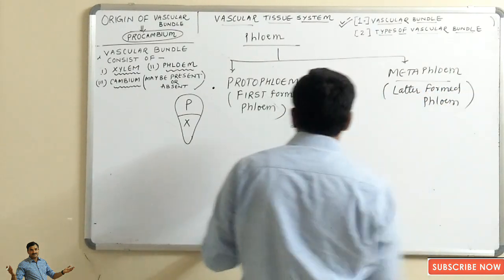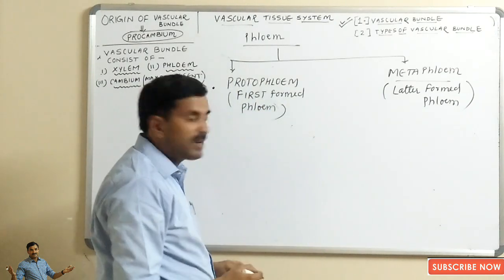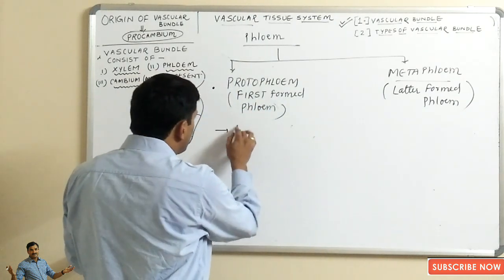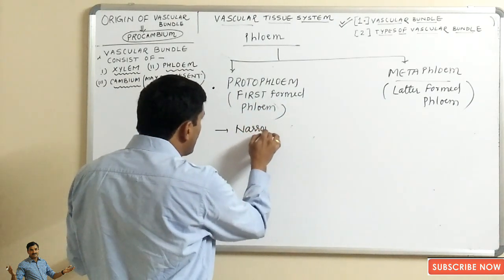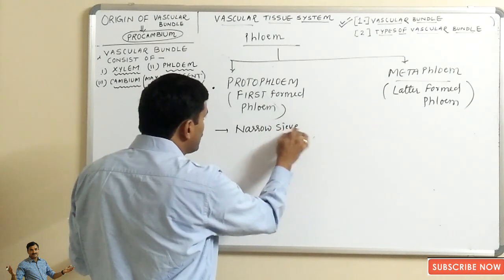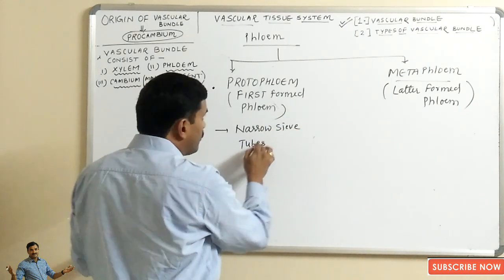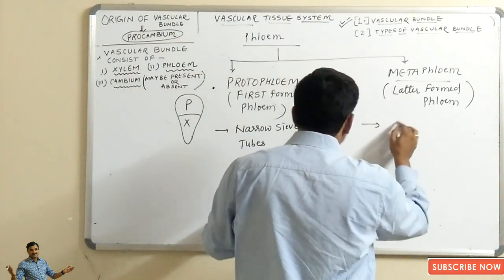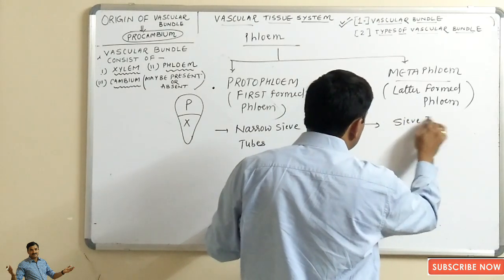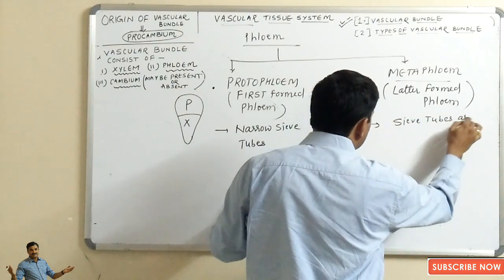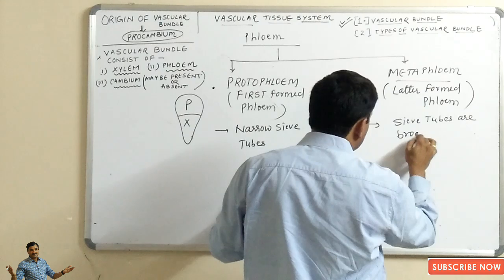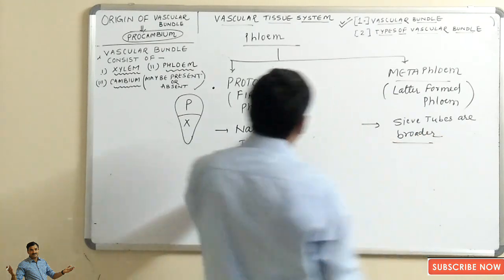And the chief difference between the protophloem and the metaphloem is that the protophloem consists of narrow sieve tubes, while in the metaphloem the sieve tubes are broader. They are a little bit broader.